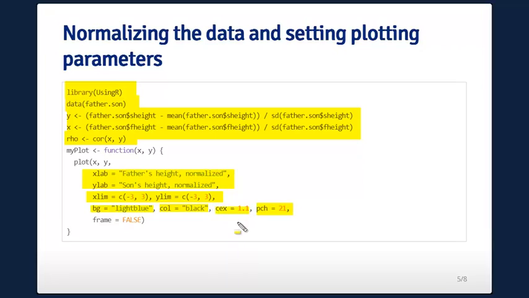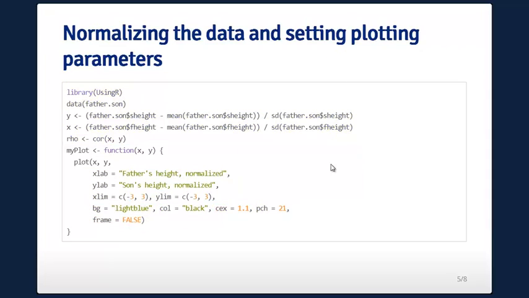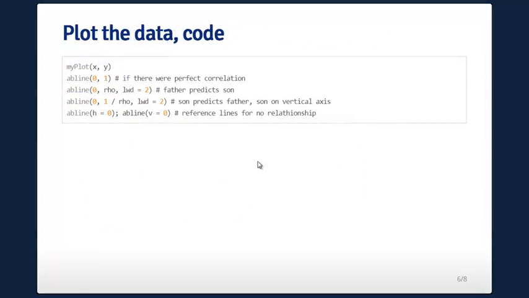CEX equals 1.1 tells the plot to take the normal size of the plotting point and increase it by 10%. Frame equals false just says I don't want the full frame around the plot. I just want the standard axes drawn and not a box. Okay, so that's my plotting function.